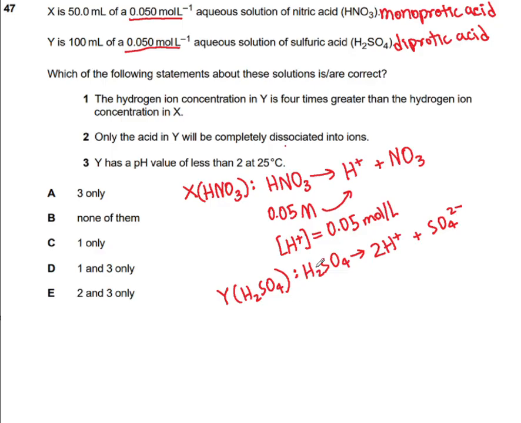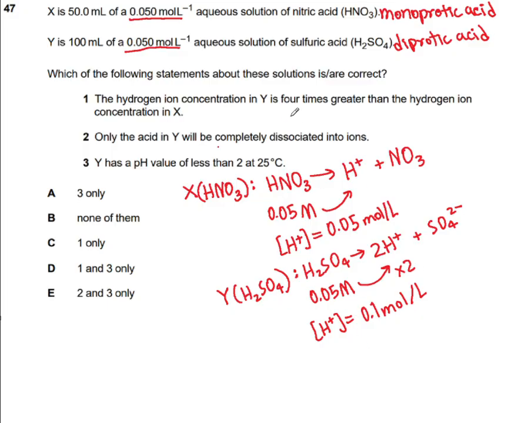We're going to multiply the concentration of the undissociated sulfuric acid, 0.05 mole per liter, times 2. So this will give us H+ equals 0.05 multiplied by 2, since we have two hydrogen ions dissociated. So we'll get 0.1 mole per liter. This is the concentration of hydrogen ions of sulfuric acid.